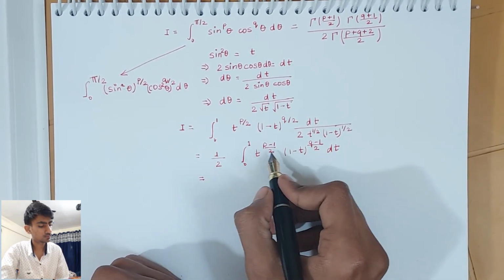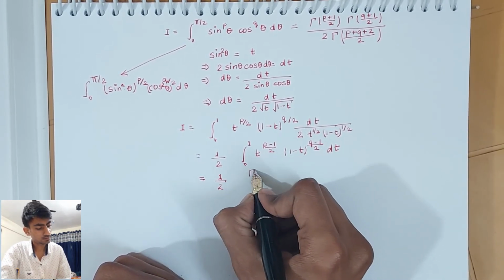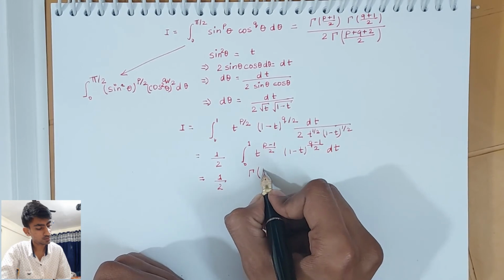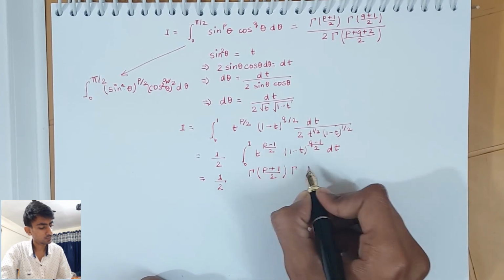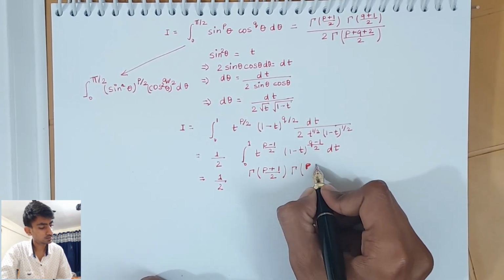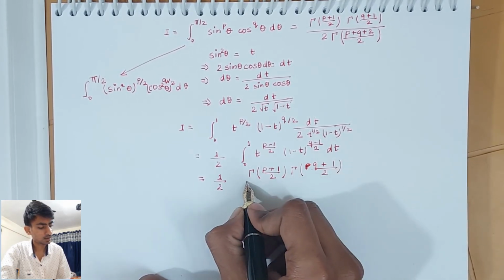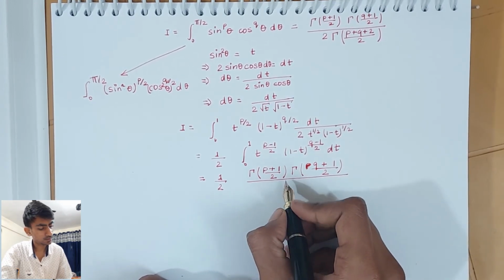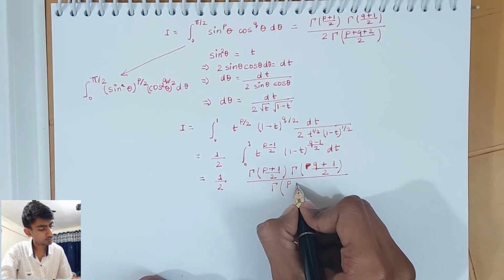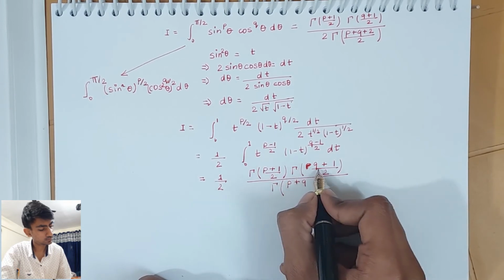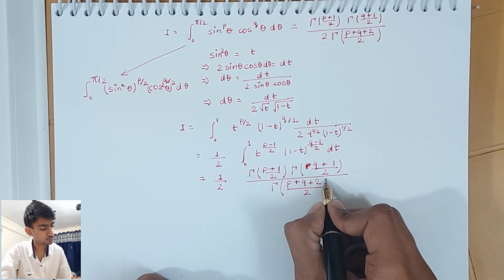So the beta function can be written in terms of the gamma function as gamma of p plus 1 by 2 multiplied with gamma of q plus 1 by 2, and divide the whole thing by gamma of the sum of these two, so that would be p plus q plus 1 plus 1 would be 2, whole divided by 2.